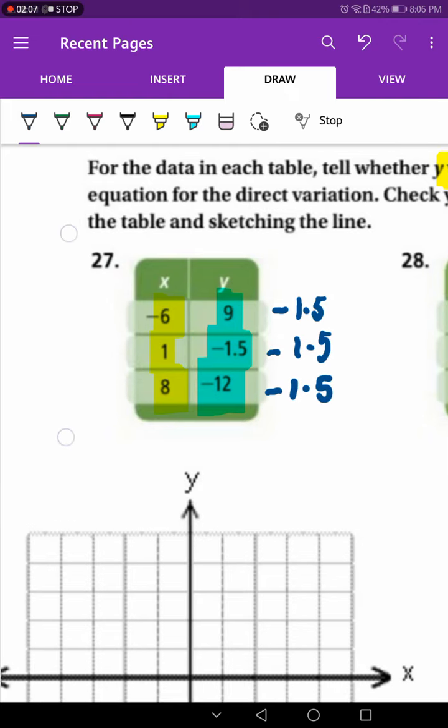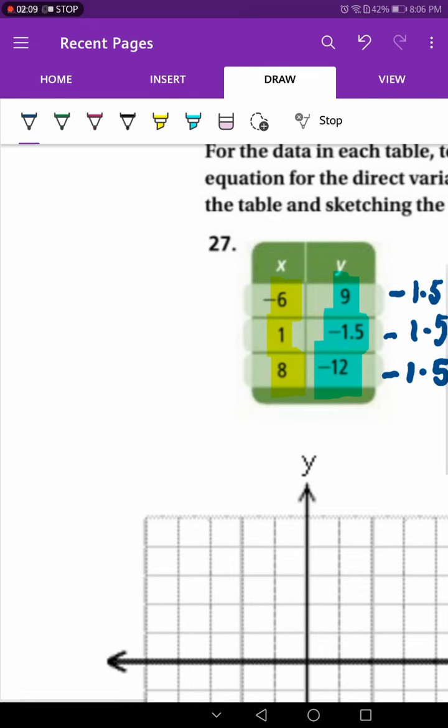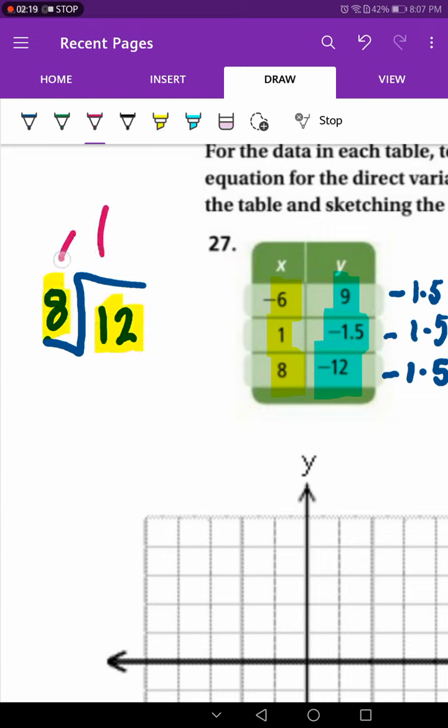Okay, teacher, how do you get the 1.5 if you divide 12 by 8? You ask, how many 8 in 12? It is 1. 1 multiplied by 8 is 8. Subtract, and you get 4.